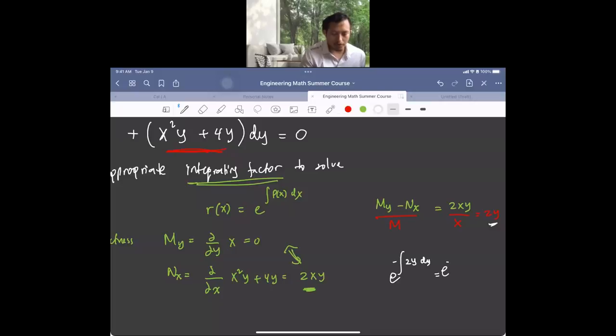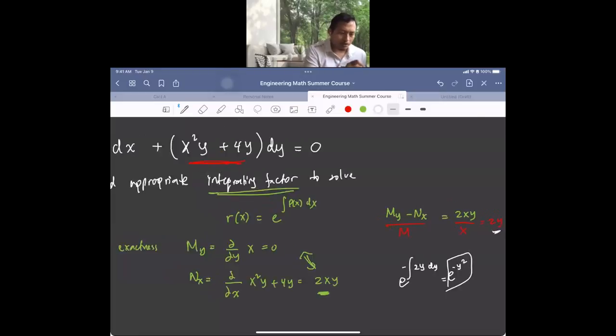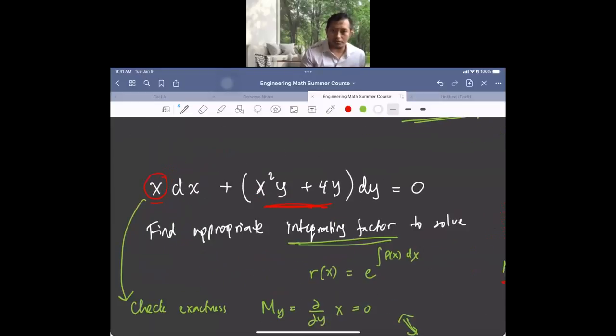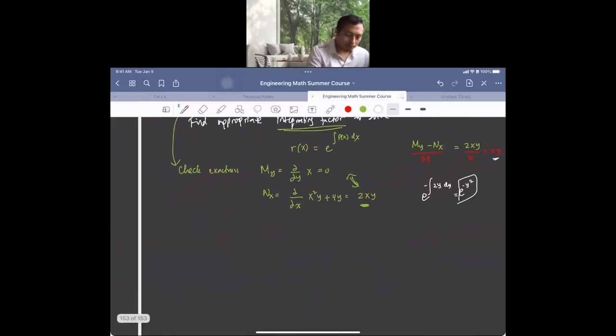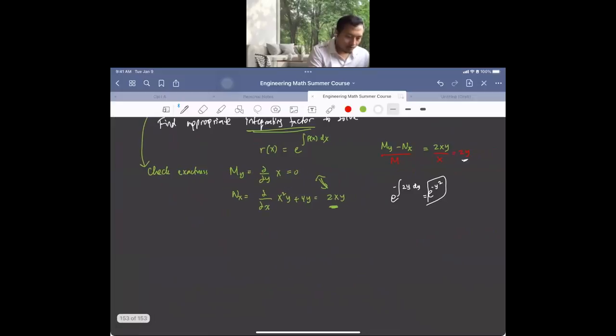And then what will happen here is this becomes negative y squared. And you can also try to make sense whether this is possible, to make these equations become exact. So that's actually the goal of this question. We need to make sure that this can be solved.